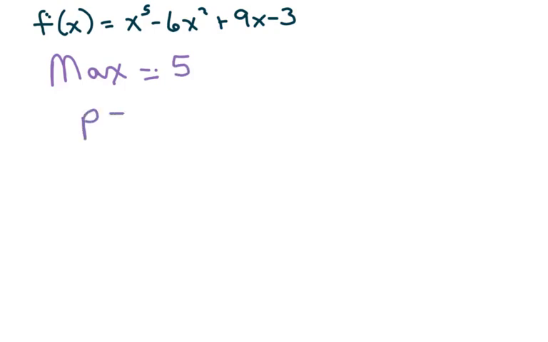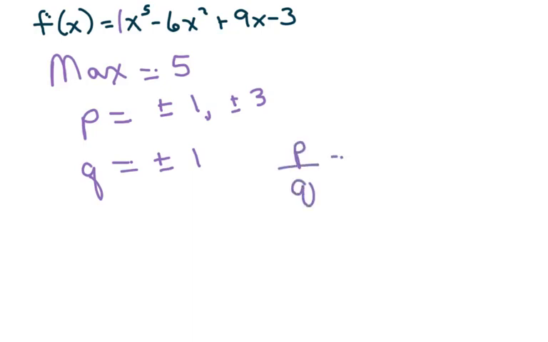My P is going to be plus or minus 1 and plus or minus 3. And the next one is going to be Q, and our Q is 1, so it's going to be plus or minus 1. And so therefore your P over Q is going to be the same as before, plus or minus 1 and 3.